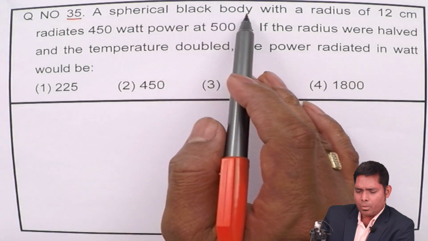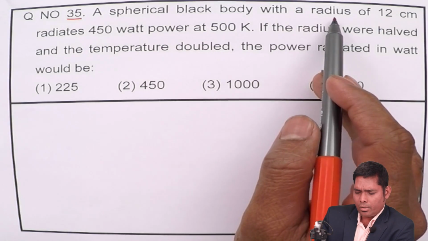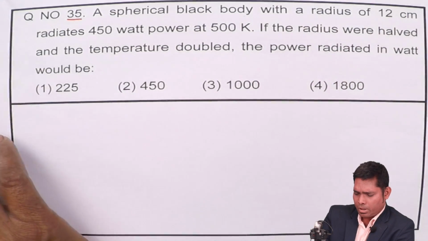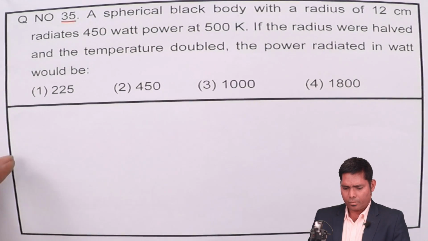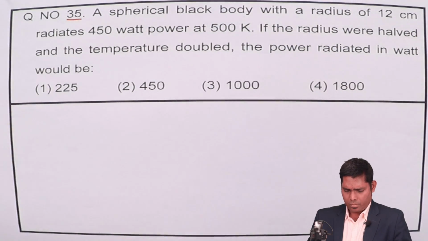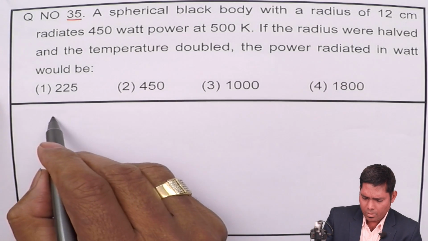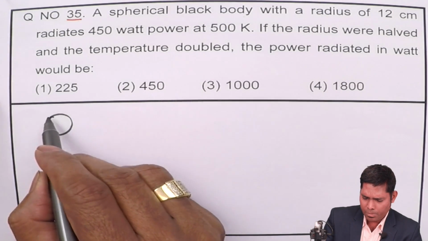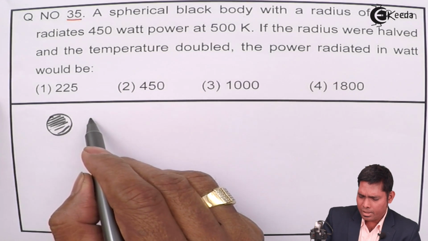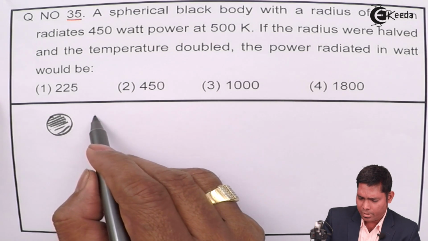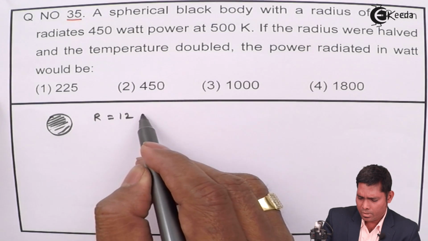A spherical black body with a radius of 12 centimeter, that is a black body. This is a spherical black body whose radius is 12 centimeter.